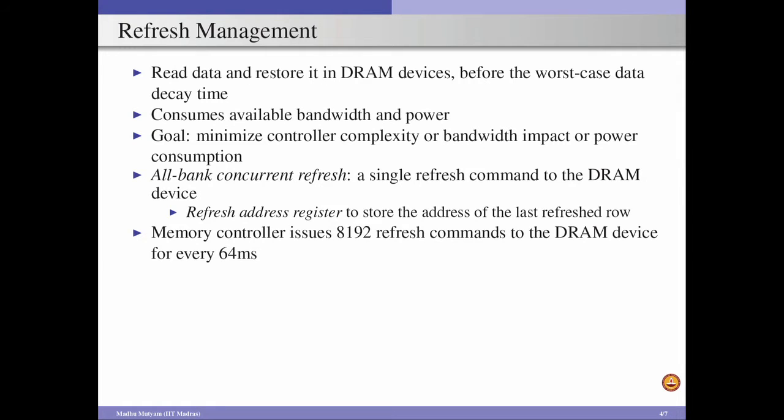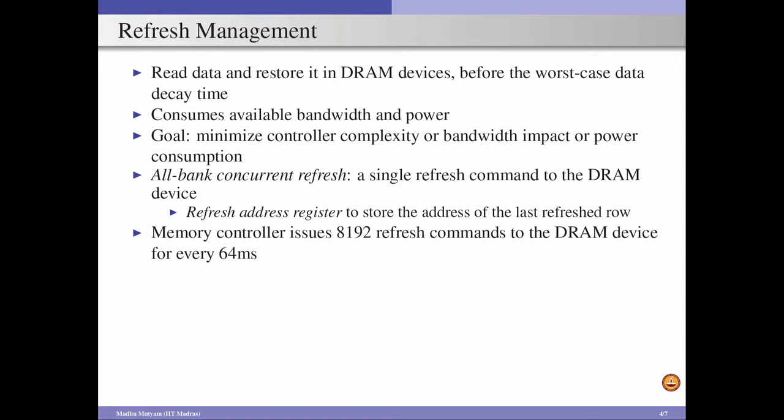And the JEDEC standard specifies that in a DRAM device we need to issue a total of 8192 refresh commands, so that for one refresh command we can refresh one row from a bank inside the DRAM device.